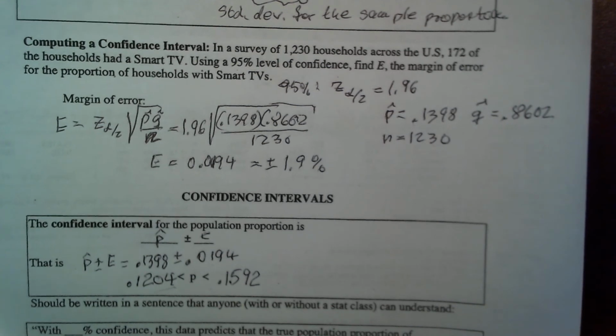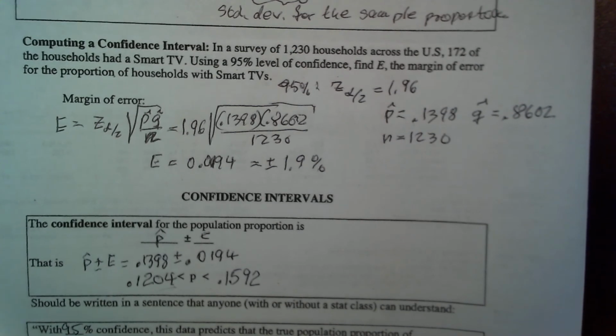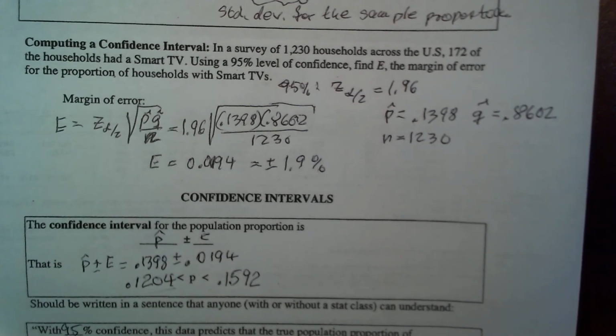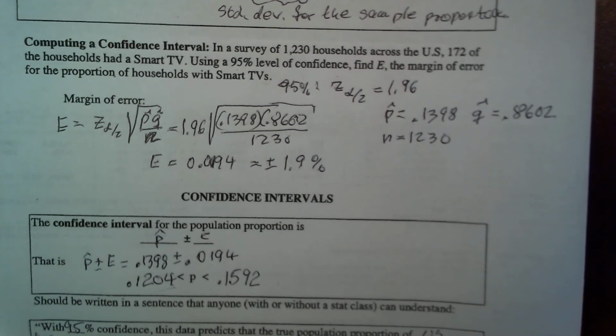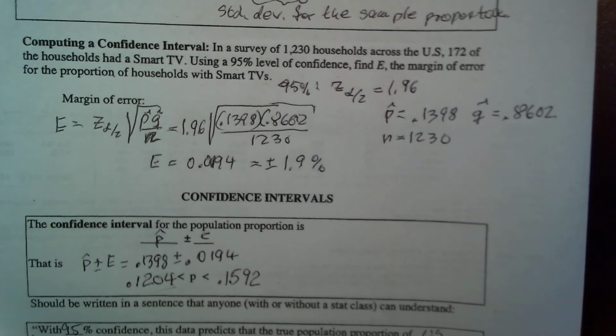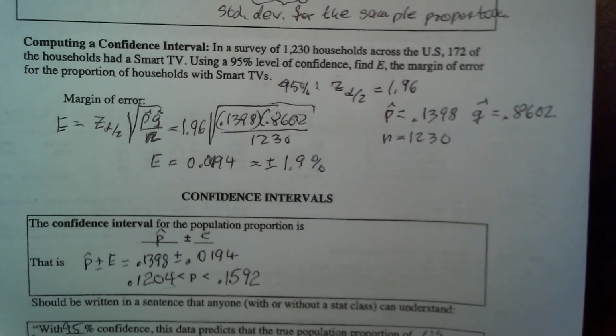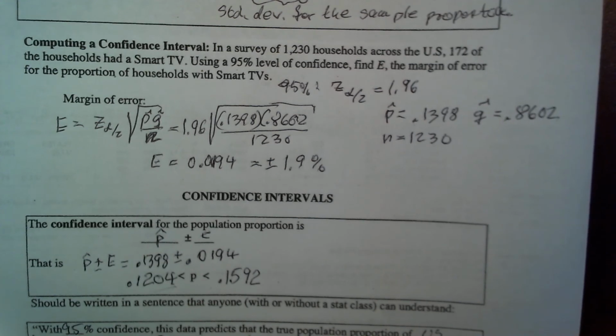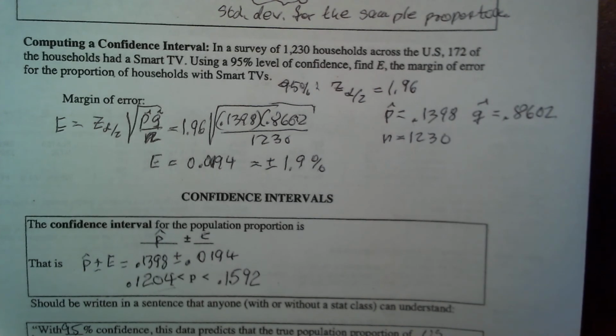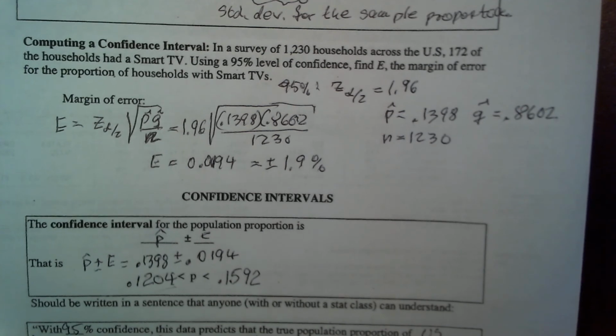In summary, we can say with 95% confidence, this data predicts that the true population proportion of U.S. households with smart TVs is between 12% and 15.9%.